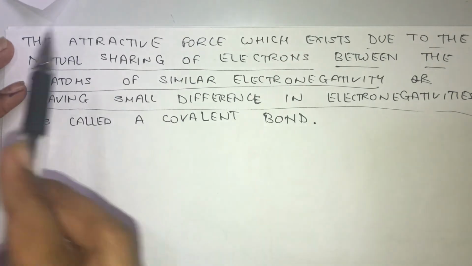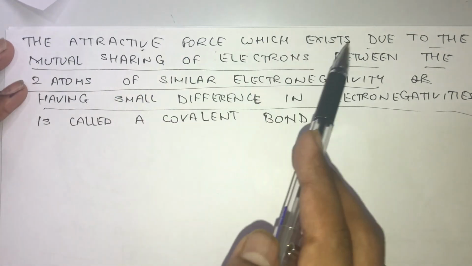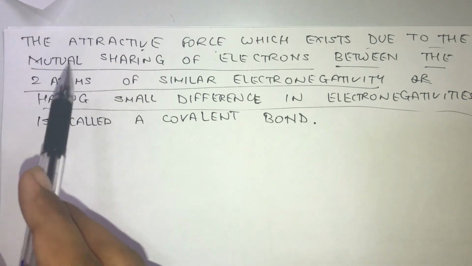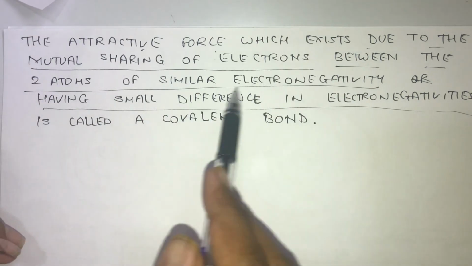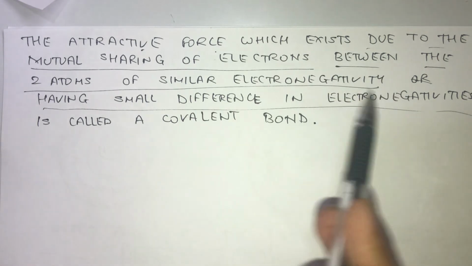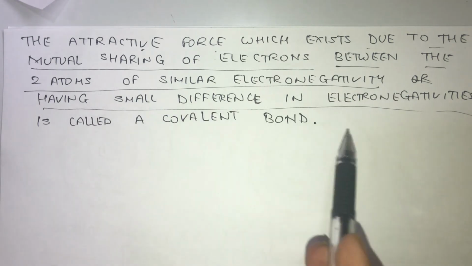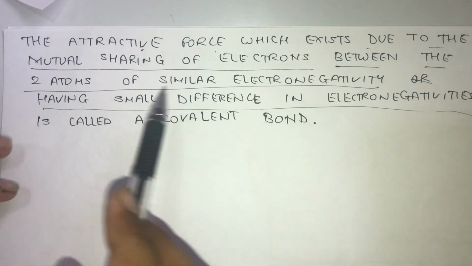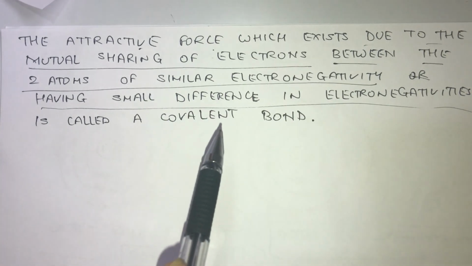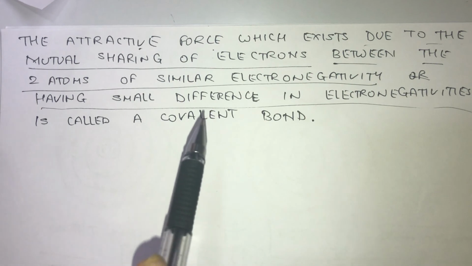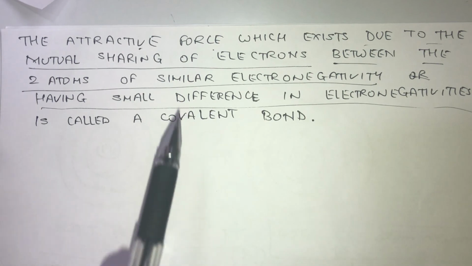Let us read it once again. The attractive force which exists due to the mutual sharing of electrons between the two atoms of similar electronegativity or having small difference in electronegativity. It is obvious that if the difference in electronegativity is huge, then there will be an ionic bond taking place, as we have understood in the earlier lecture.